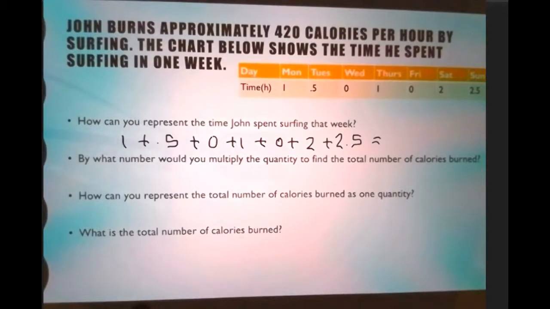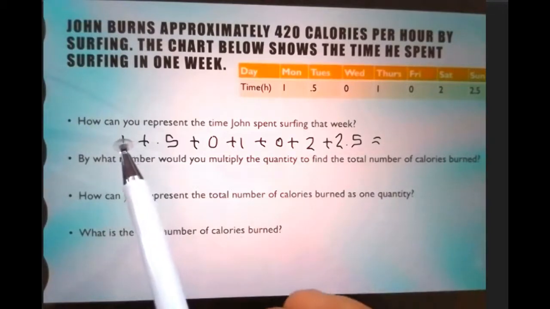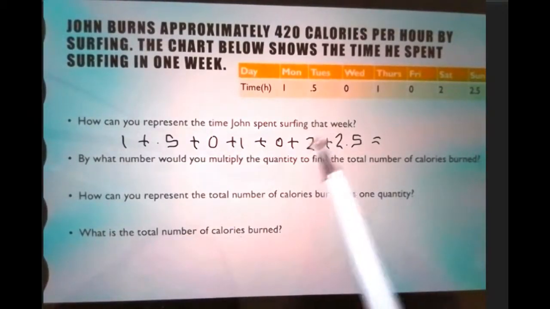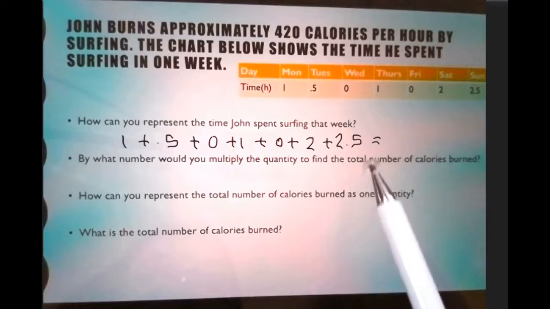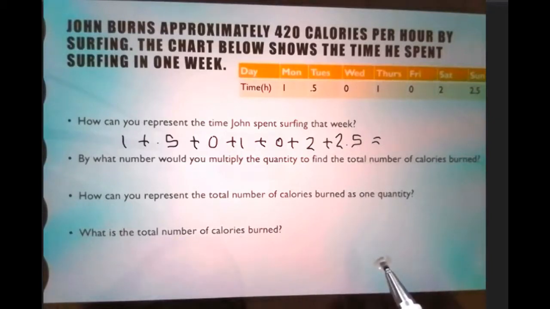How many hours did he spend surfing? Abby? Okay, so Abby got 9.5. Anybody else get 9.5? Sierra, I saw you on your calculator. What did you get?